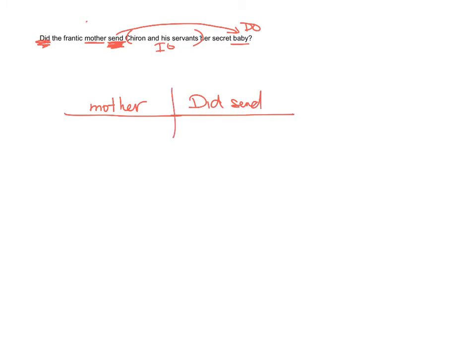What did the mother send? Well, that would be baby. That's our direct object. And then, of course, I would have a number of different danglies that would go with them: the frantic mother, her secret baby.